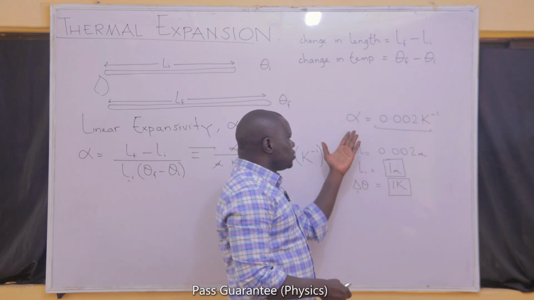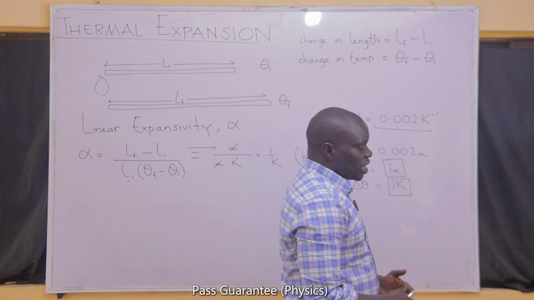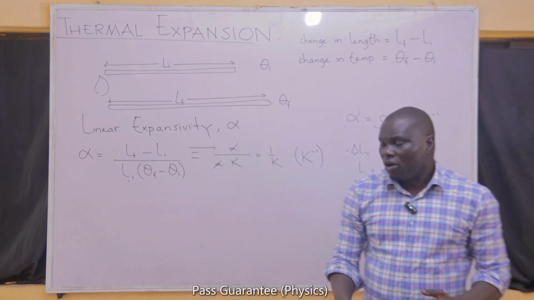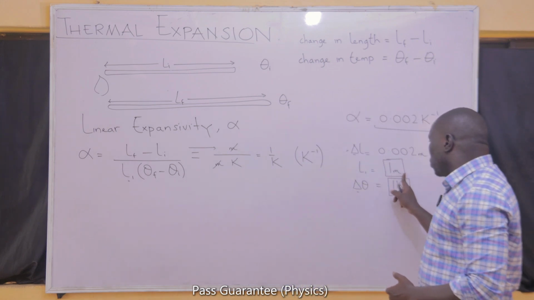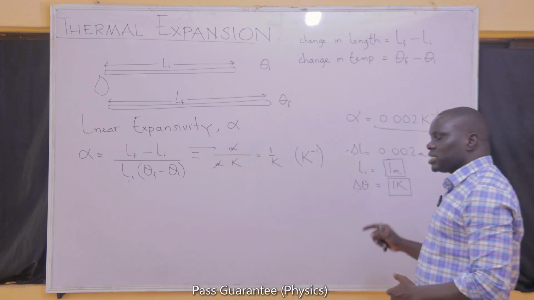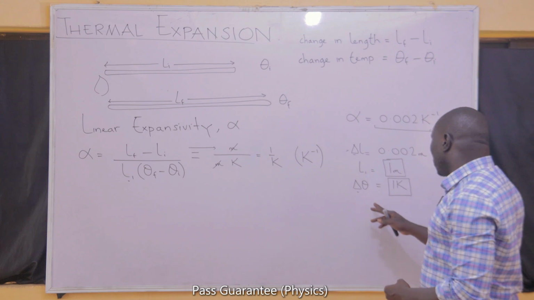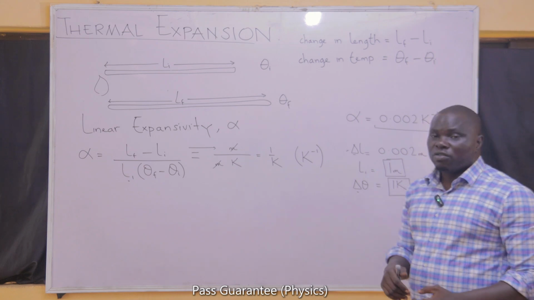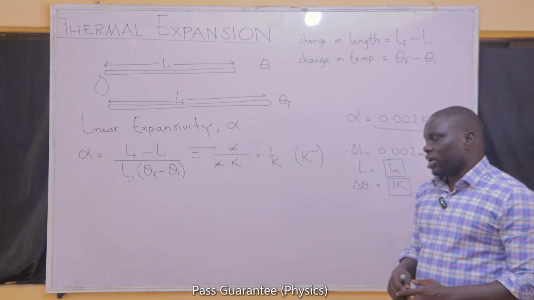So if the linear expansivity of a material is 0.002 per Kelvin, it simply means that 1 meter of that material will undergo a change in length of 0.002 meters if the material is heated through 1 Kelvin.